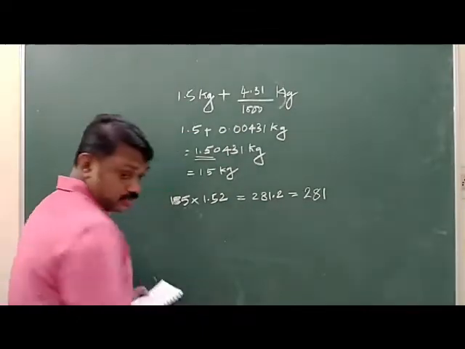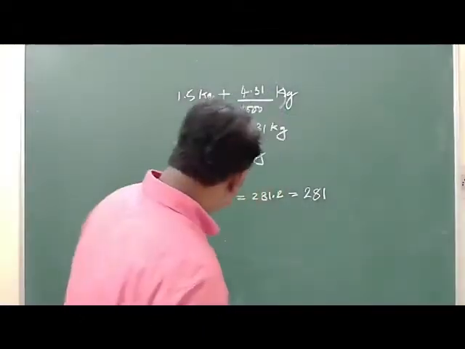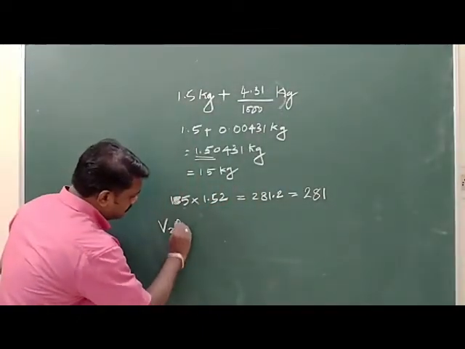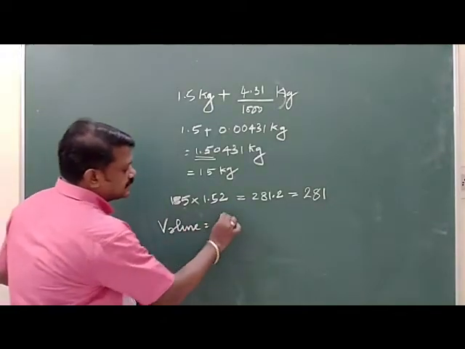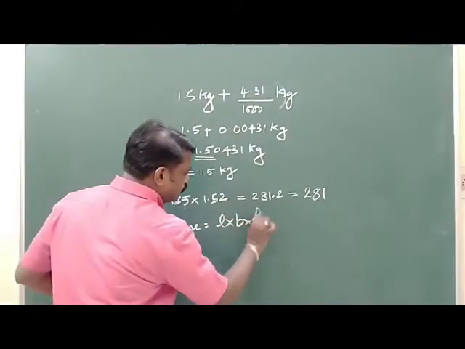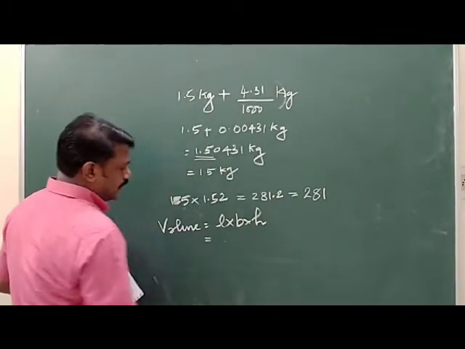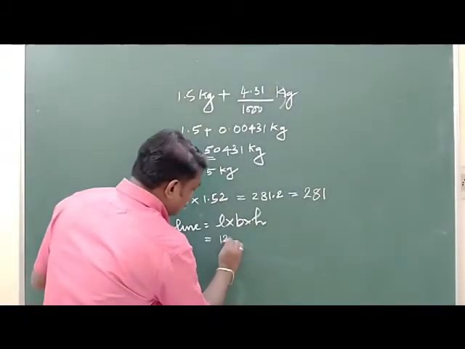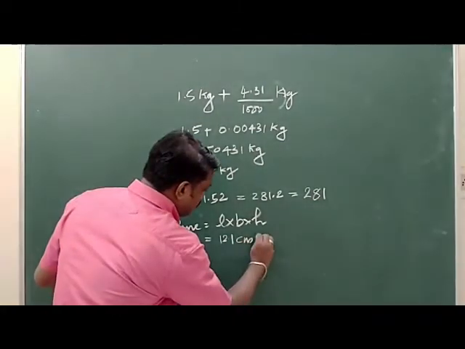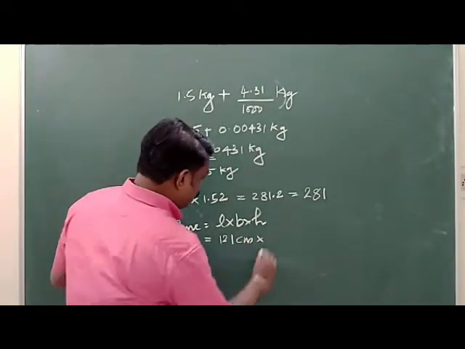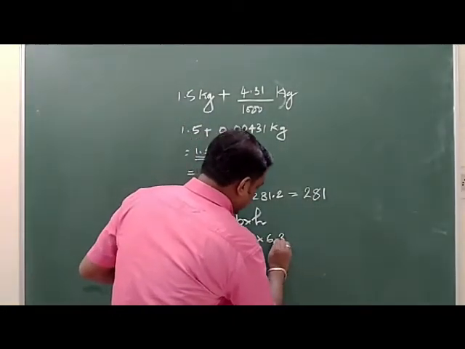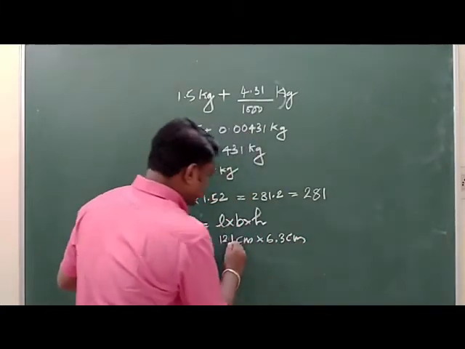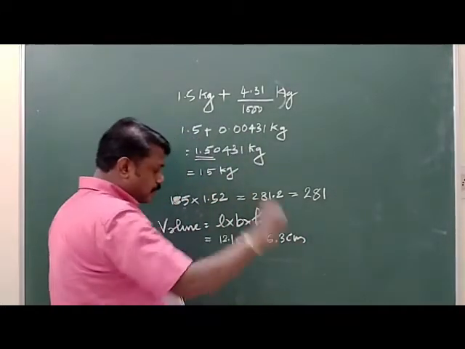We know the volume is length into breadth into height. So length is 12.1 centimeter, multiplied by 6.3 centimeter, into 8.4 millimeter. I think my decimal point is visible to you.